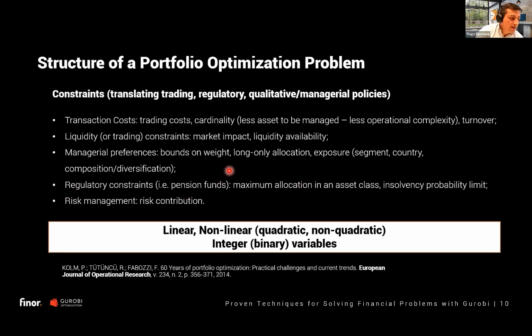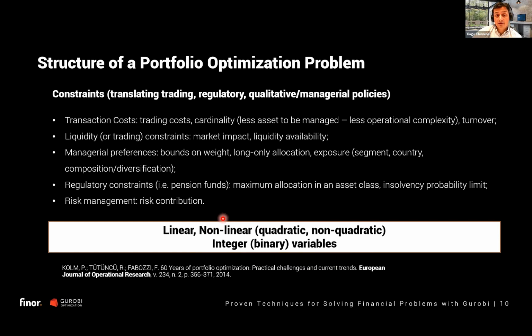So all these qualitative policies, when we translate them to the mathematical model, can be modeled with linear or non-linear functions, quadratic or non-quadratic. But very often when we add those policies to our models, in general, we'll be dealing with integer variables together.